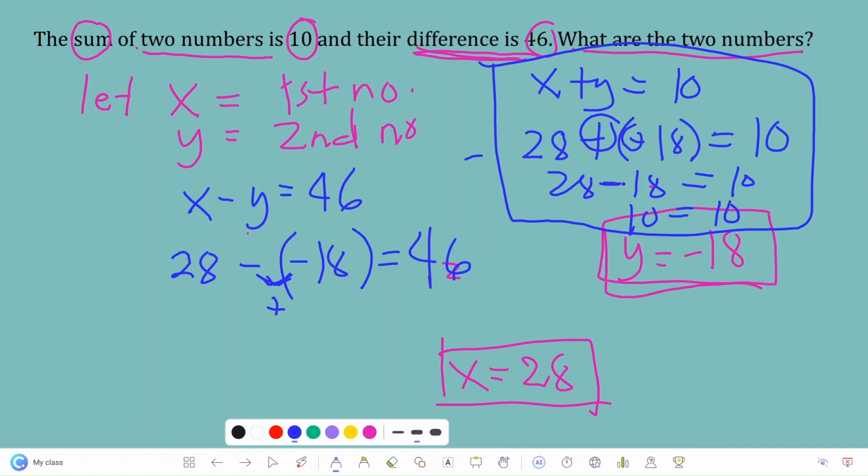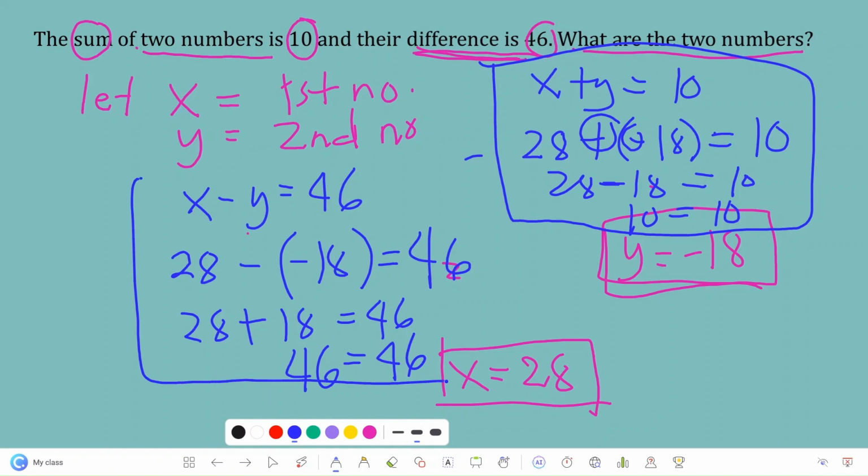But here, since both are negative, magiging positive na. So you will have 28 plus 18 should be equal to 46. And indeed, 46 is equal to 46. So tama din ang values ng ordered pair natin sa second equation.